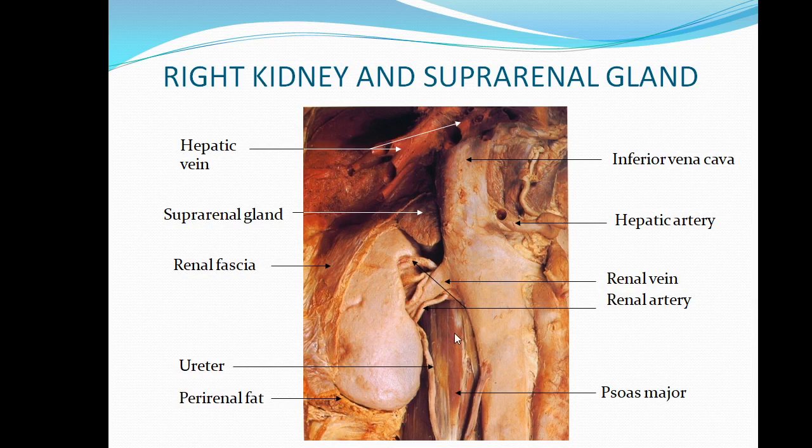This muscle here is the psoas major, and lateral to this you can find the quadratus lumborum. Here in the hilum you can see the renal arteries, and this is the renal vein. This is the inferior vena cava.